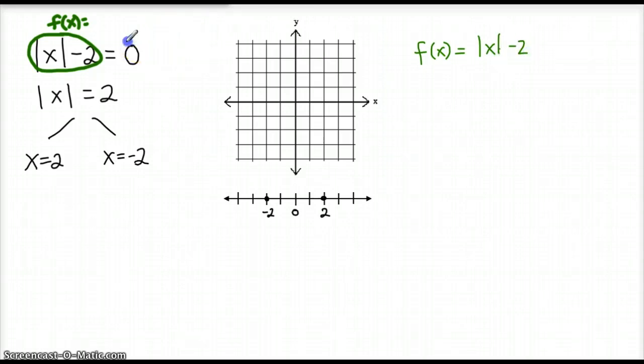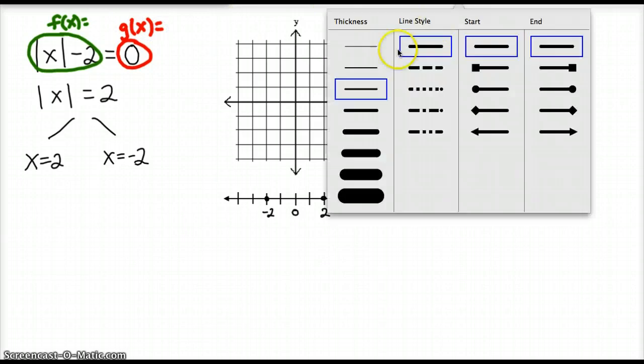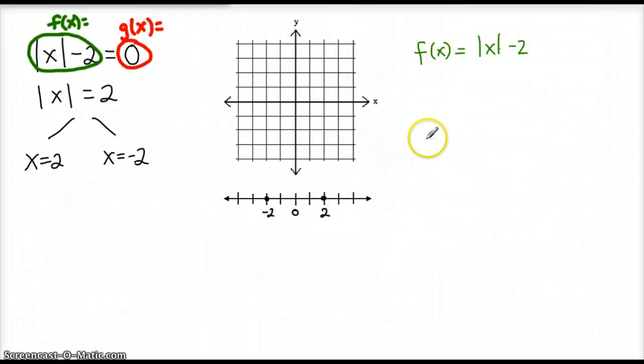And then what about this guy? Let's treat this as its own function. Let's say g of x, this other function, equals 0. And then we can go about graphing that.